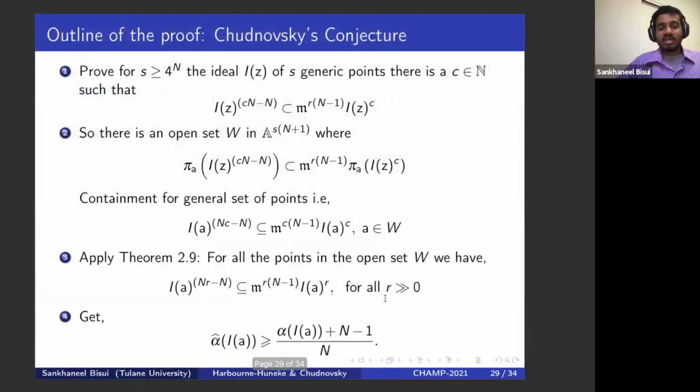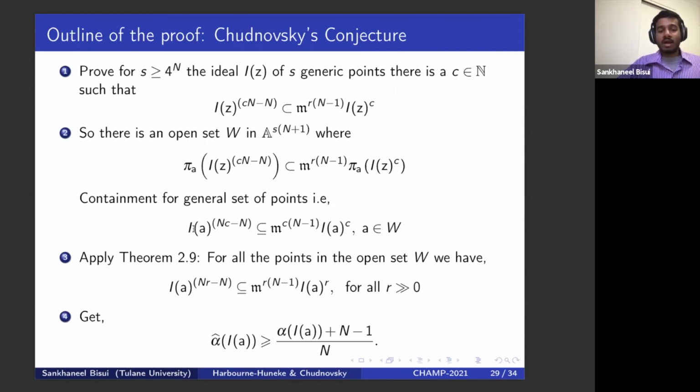Now, I would like to give a brief outline of how we proved Chudnovsky's conjecture. First, we took the generic points, then we proved one containment for the generic points. Since c is fixed, we get an open set where we can specialize, and for that particular open set this containment is true.